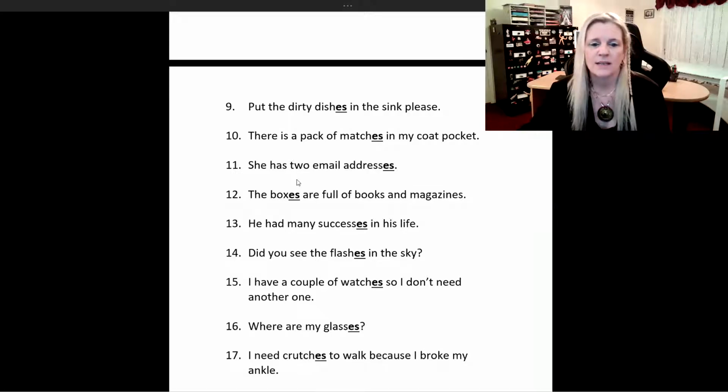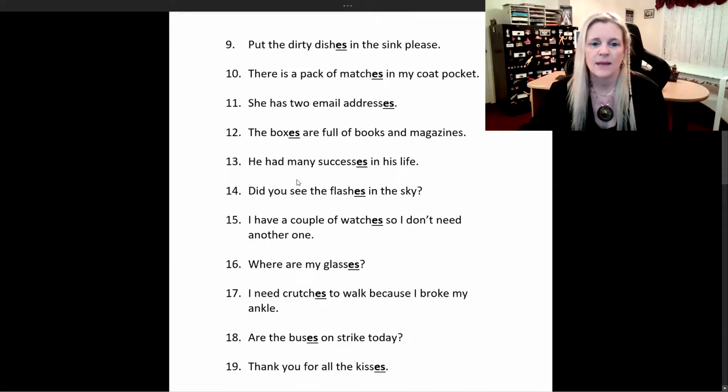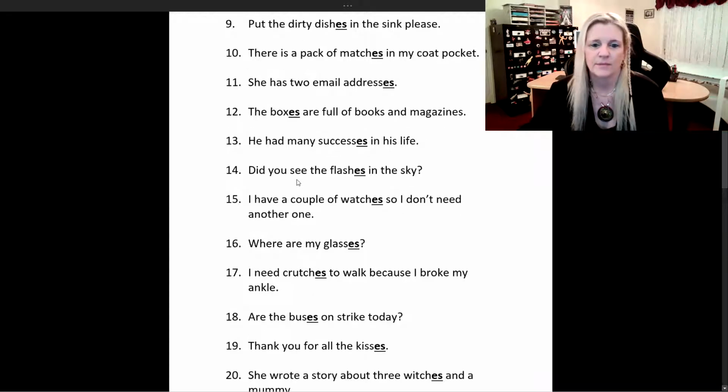The boxes are full of books and magazines. He had many successes in his life. Did you see the flashes in the sky? I have a couple of watches, so I don't need another one.